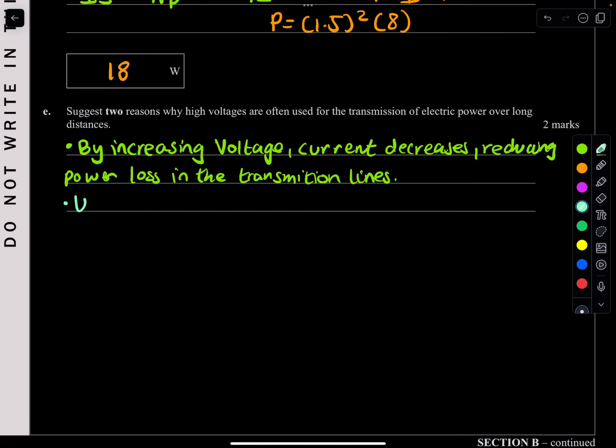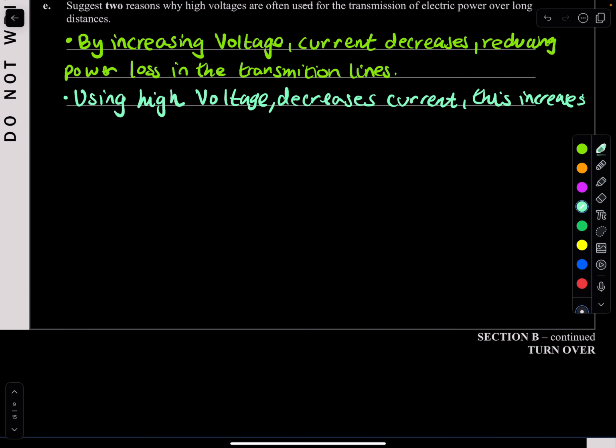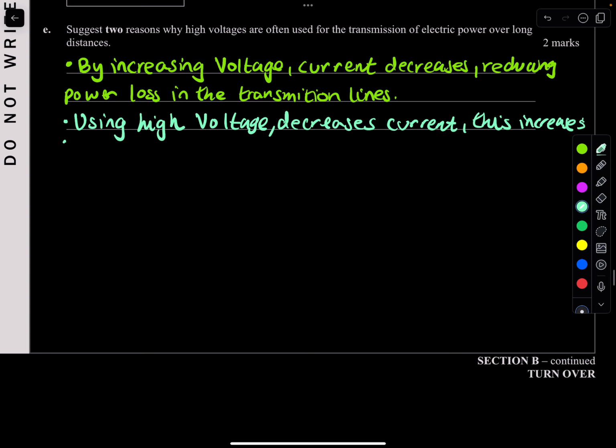Using a high voltage decreases current, so this increases the resistance, because V equals IR, in the transmission line.